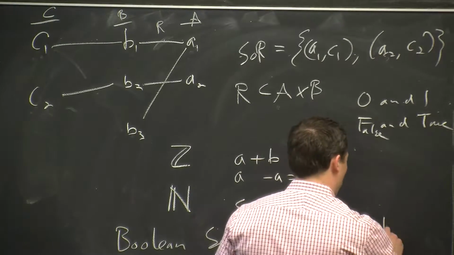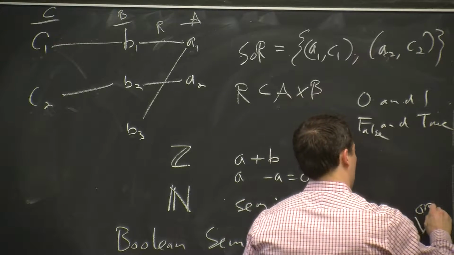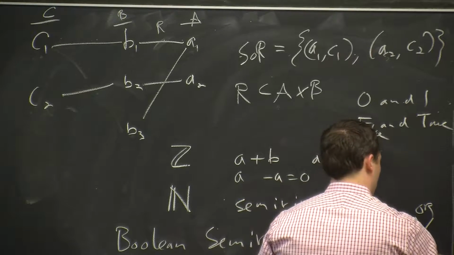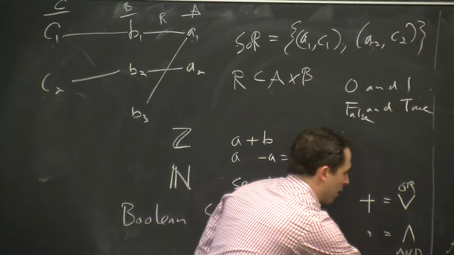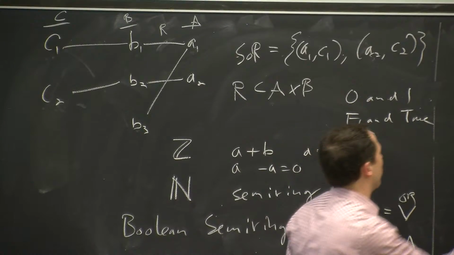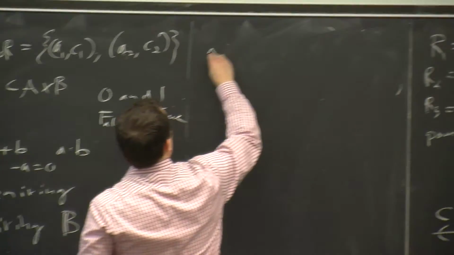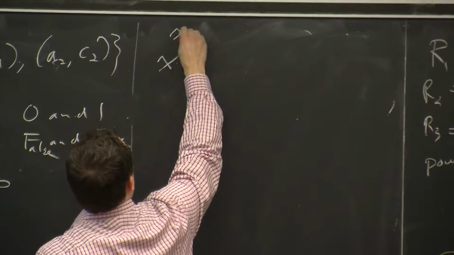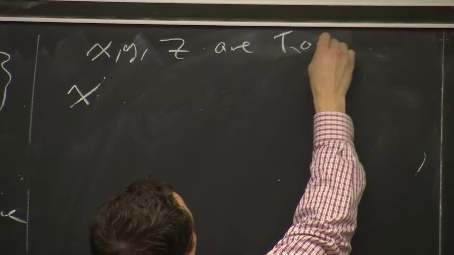And in the Boolean semi-ring, instead of addition, we do or. And instead of multiplication, we do and. And with those 2 rules, I can write formulas in this Boolean semi-ring or variables in it, and they do just what you'd expect. One of the other properties a ring has is that it distributes. Multiplication distributes over addition. That's true in the Boolean semi-ring. That is, suppose x, y, and z are true or false.